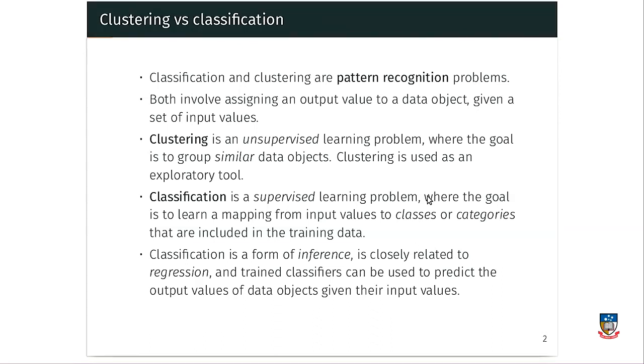And the set of input values is somewhat flexible. You can choose what input values you use. You can choose transformations of raw data, combinations of different things. There's quite a bit of flexibility there. And an awful lot of the research that goes on in both clustering and classification methods has to do with this, choosing the set of inputs. It's called feature selection. I'm sure you've heard the name before.